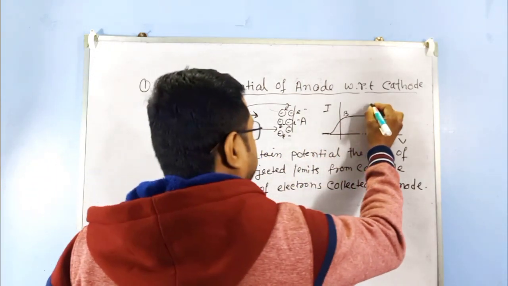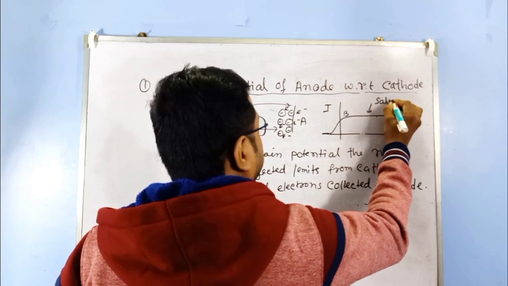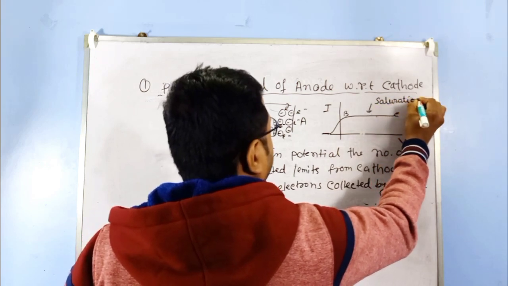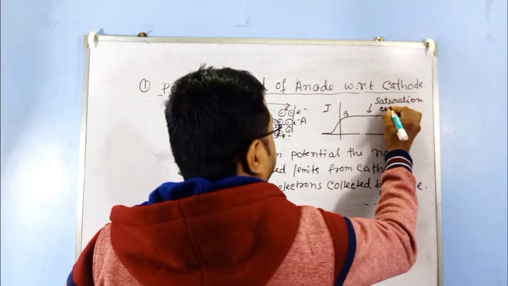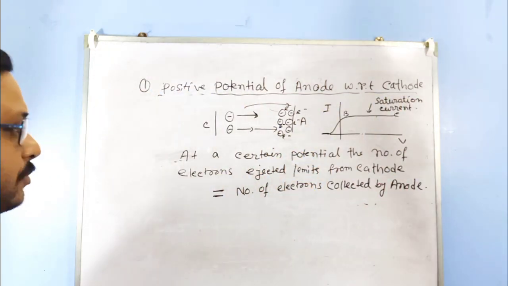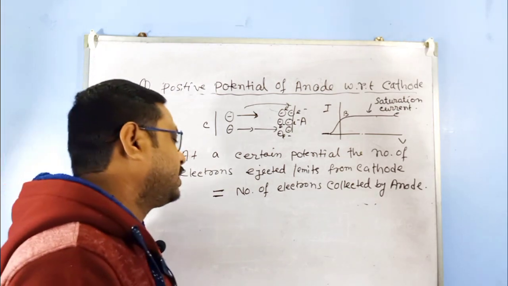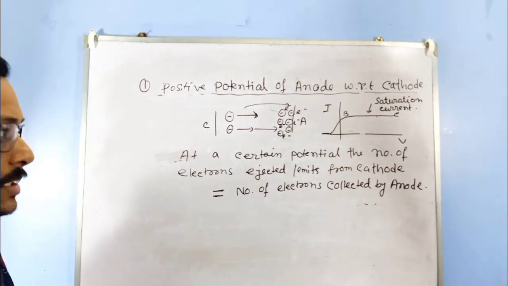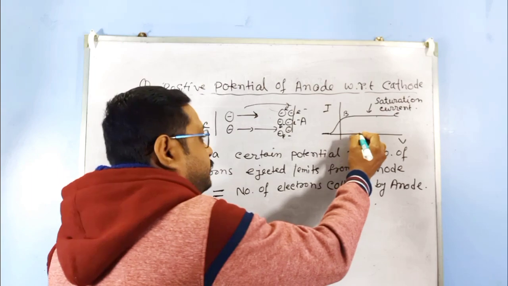This current is known as saturation current. Saturation means the maximum value of current. Above a certain potential, no further current increase occurs. This is known as the saturation potential.